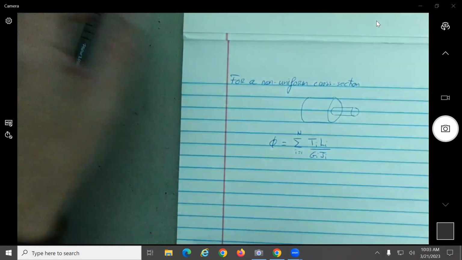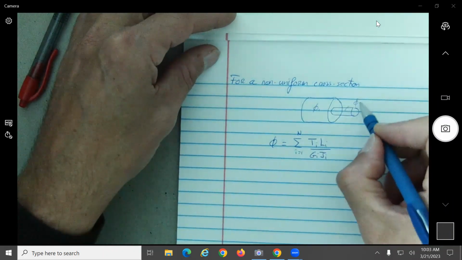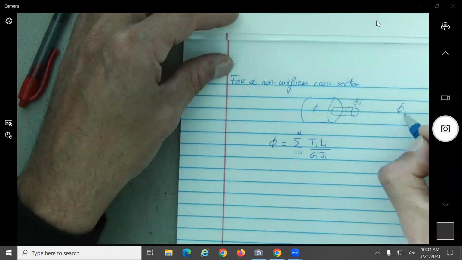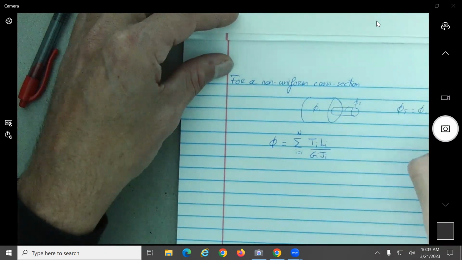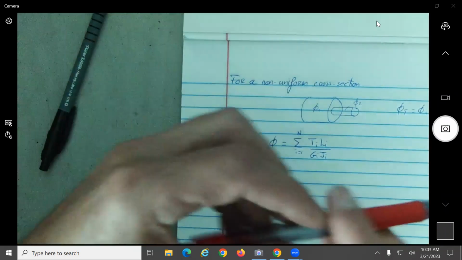So basically, if this is twisting, let's say, Phi1, and this will be twisting Phi2, at the end, what should be the deformation? It should be Phi1 plus Phi2, no? Okay, so let's go up here to the summation.